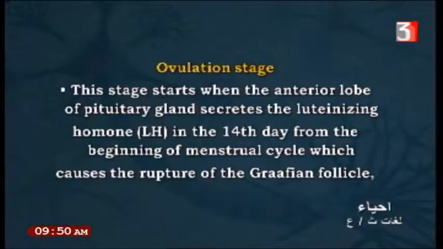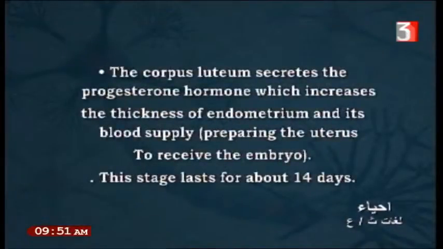When the Graafian follicle ruptures, the ovum is produced. The ovum is released and the corpus luteum forms from the Graafian follicle remains. The corpus luteum secretes the progesterone hormone.